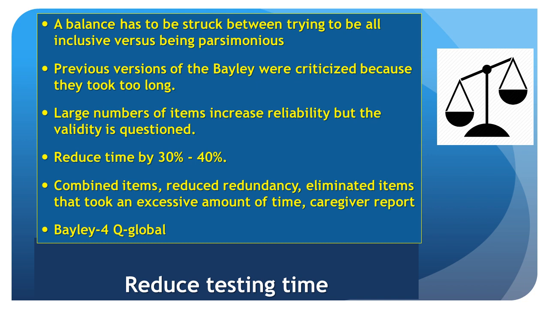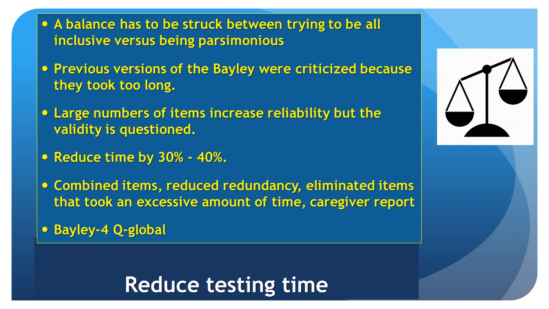Our goal is to reduce the time by 30 to 40%. And this was done by combining items, reducing redundancy. For example, why have the child build all these different structures with blocks if they can do one and the other ones are highly interrelated or highly correlated? You're just basically doing the same thing over again.